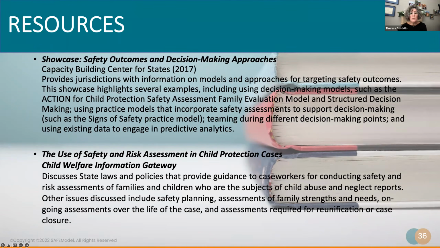There's one that the Child Welfare Information Gateway has out, the use of safety and risk assessment in child protection cases. A lot of great detail in there, not only about laws or statutes, but also policies. They brought in some things that come from rules and regulations in different jurisdictions, a great source of information.